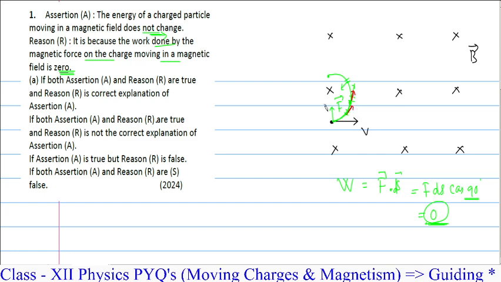So this is the reason why the energy of a charged particle moving in a magnetic field does not change. Clear? This is the reason why the energy with which the charged particle enters this magnetic field, it will come out of this magnetic field with the same energy.